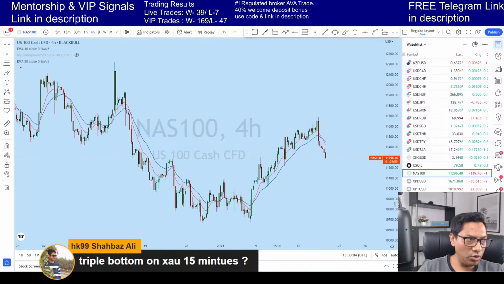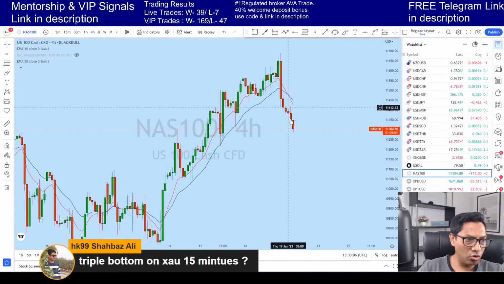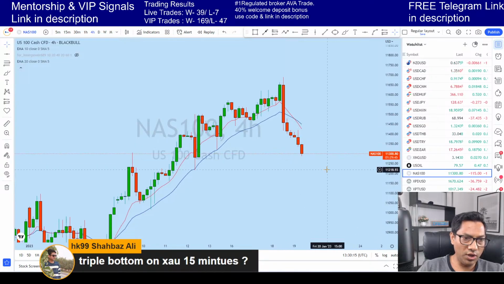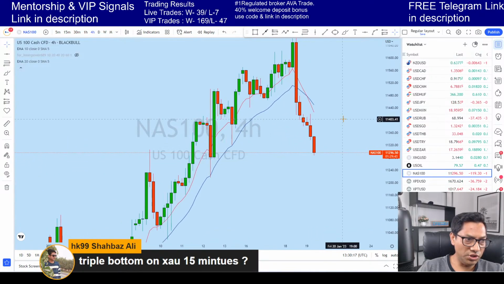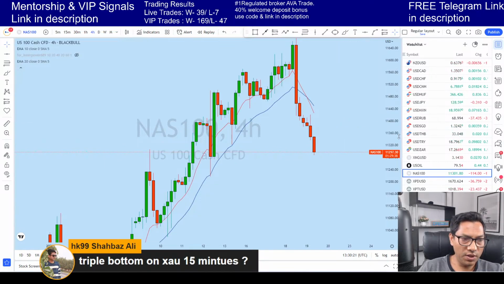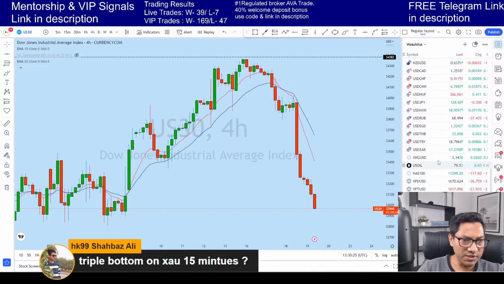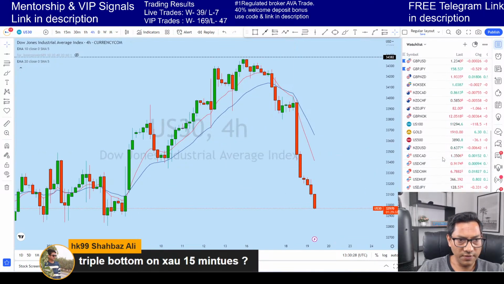So let's go back to NASDAQ. We see a very strong drop. In the previous session, there has been a manipulation, liquidity grab with this candle. As a result, this session we have seen a drop, which is very good news that NASDAQ is going to drop. We'll have some good trading opportunity in the similar way on US30.